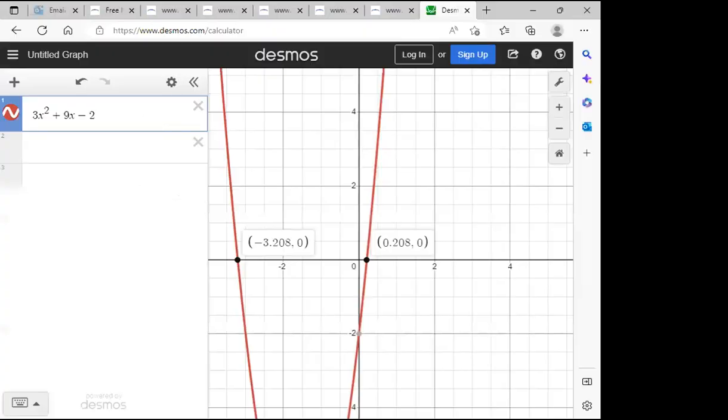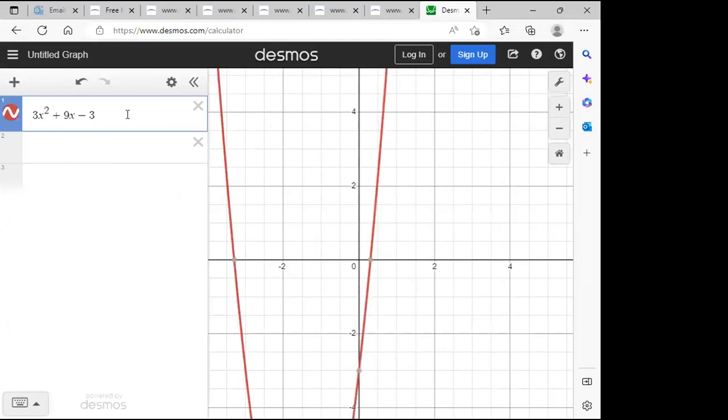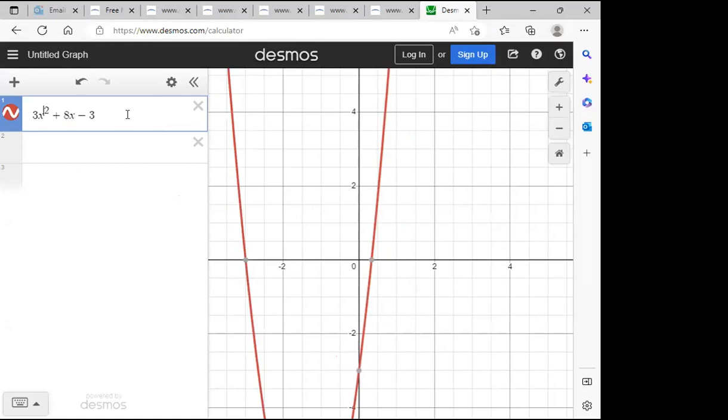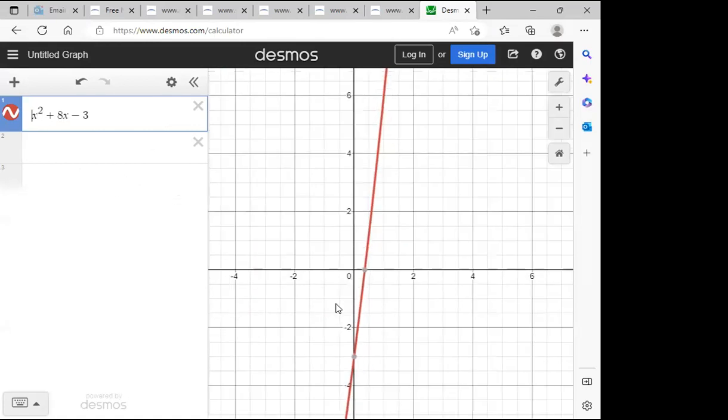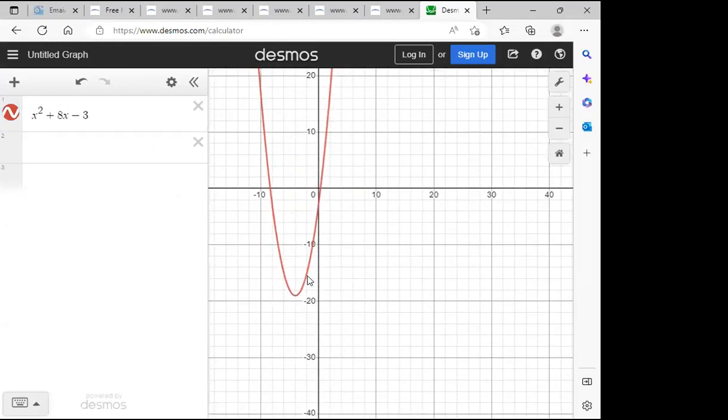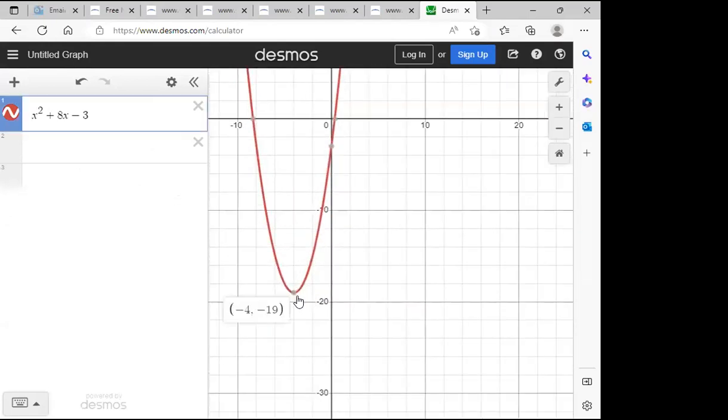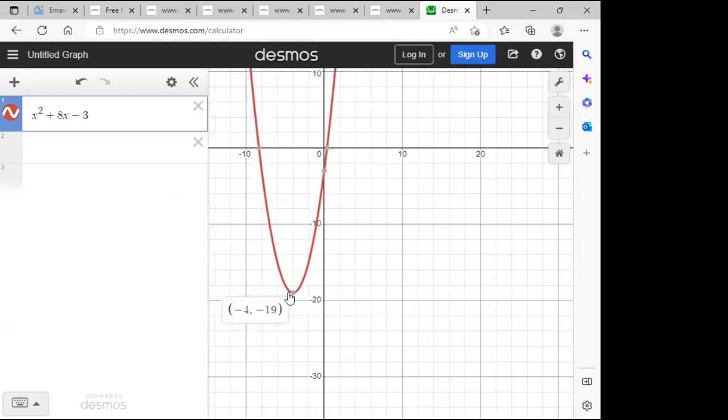So if I put that, x squared plus 8x minus 3, into Desmos, I'll see the turning point down there.